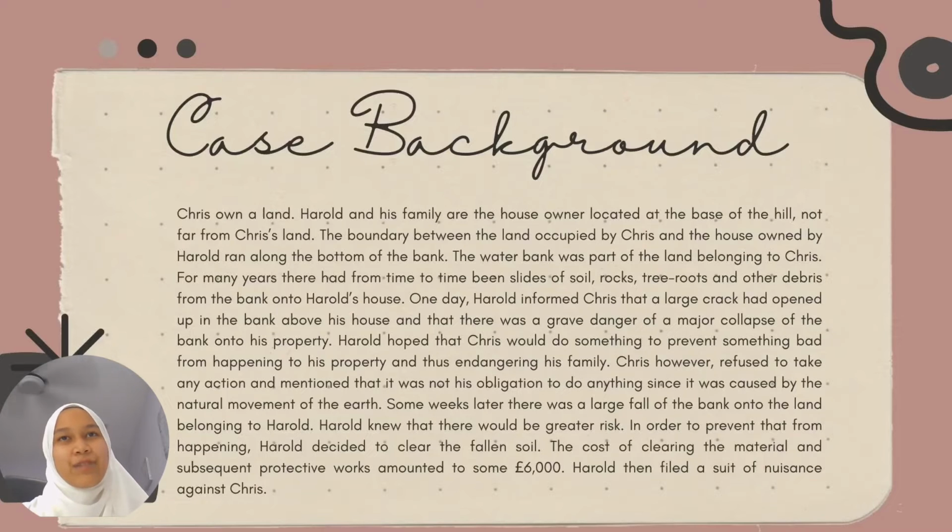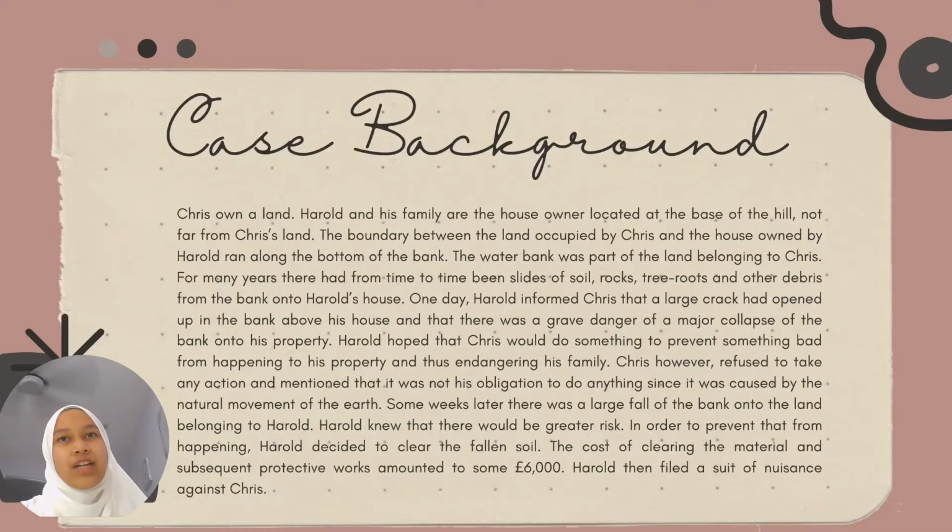In the scenario given, we can see that the plaintiff is the house owner located at the base of the hill, not far from the defendant's land. Over a long period of time, soil and rubble had continuously fallen from the bank onto the plaintiff's properties and onto his land as a result of the natural weathering.